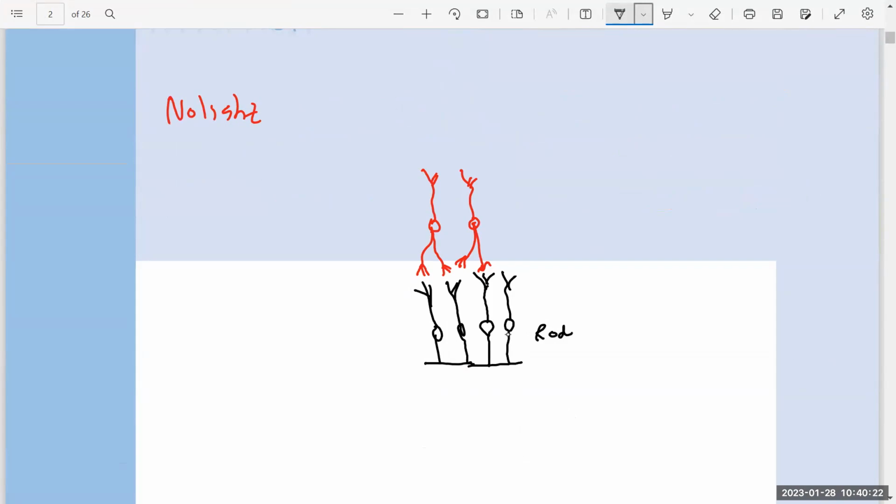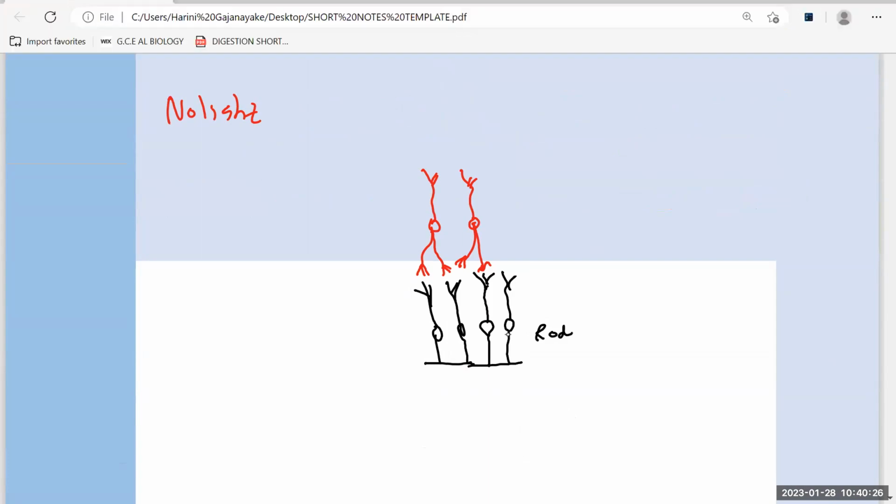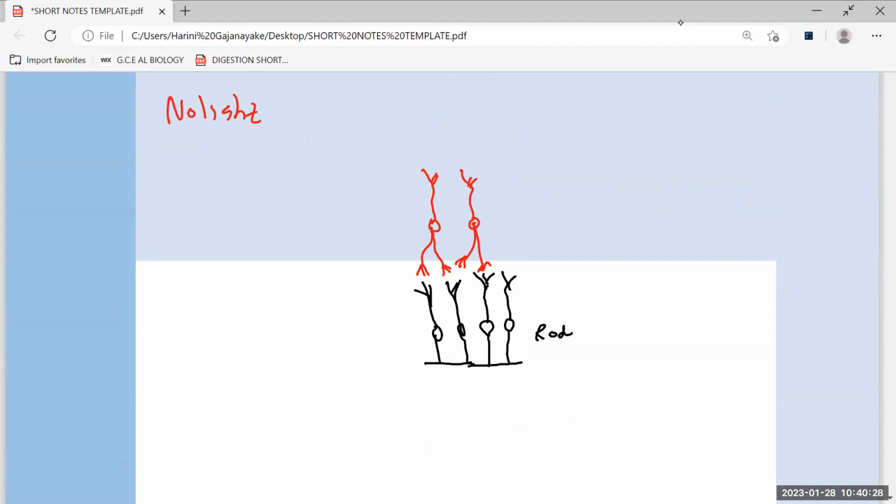And this creates a continuous action potential of the rod cell with the brain.